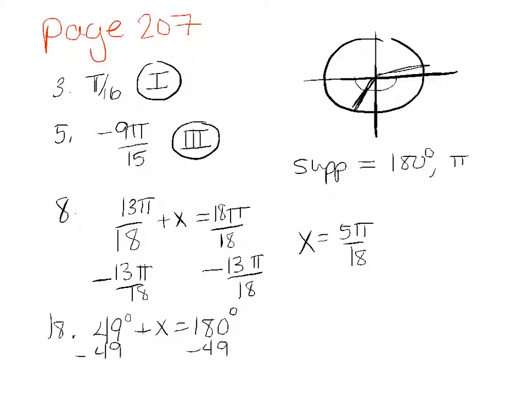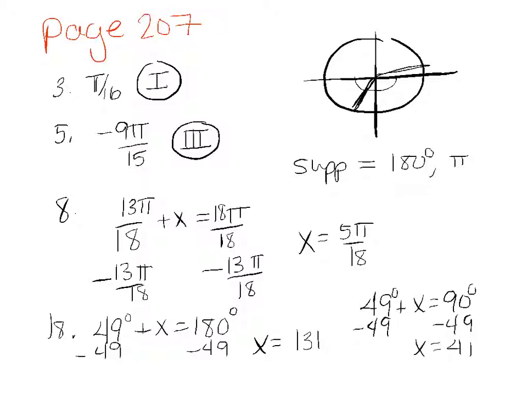So then x equals 131, I think. For the complement, it has to add up to 90 degrees. So we subtract 49, and x equals 41 degrees.